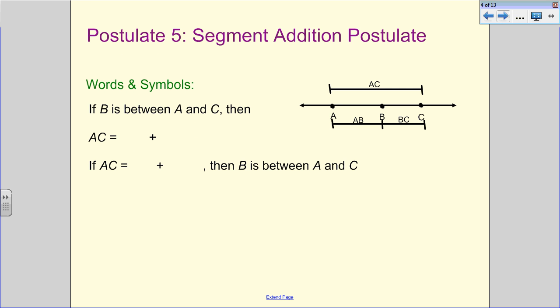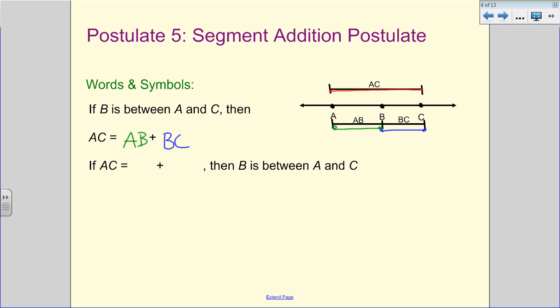Here's our postulate 5, the segment addition postulate. What this says is that if B is between A and C, so B is that between point, then we know AC, the segment from A to C, is the same as AB plus BC.